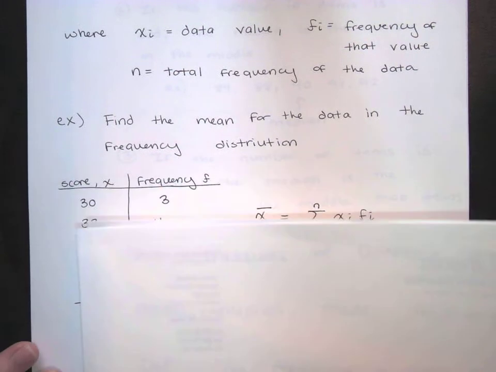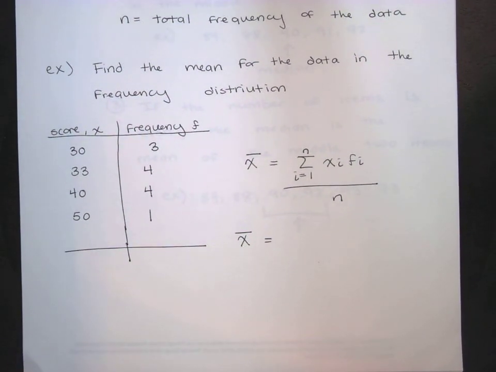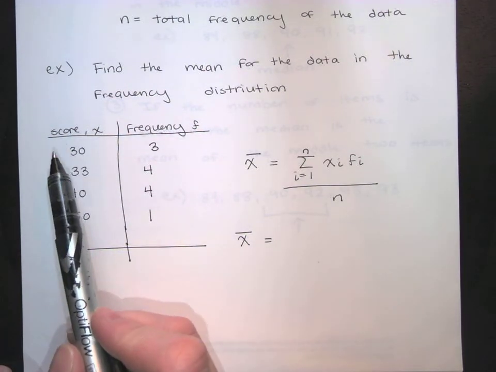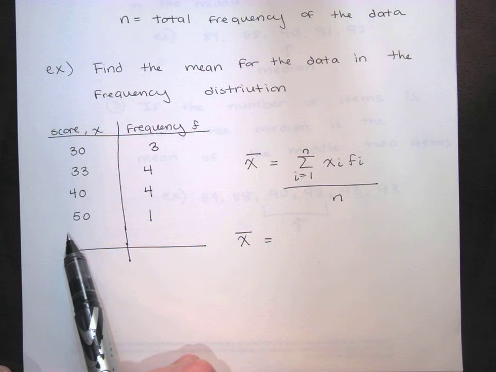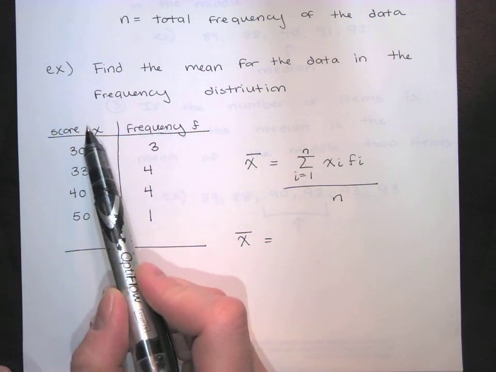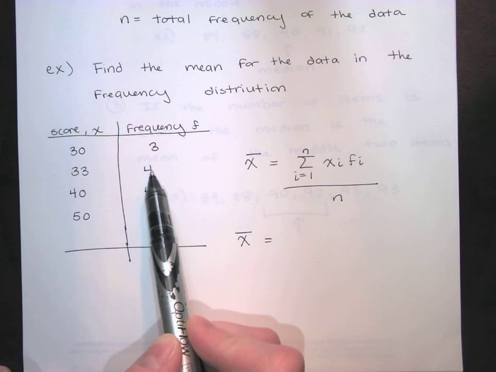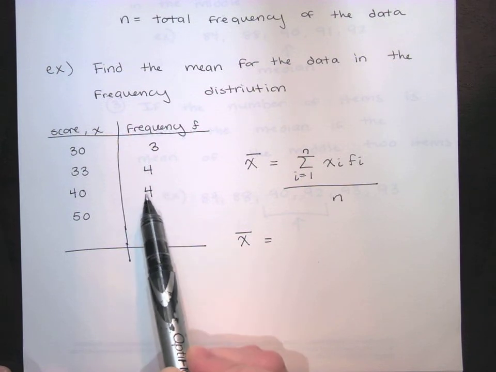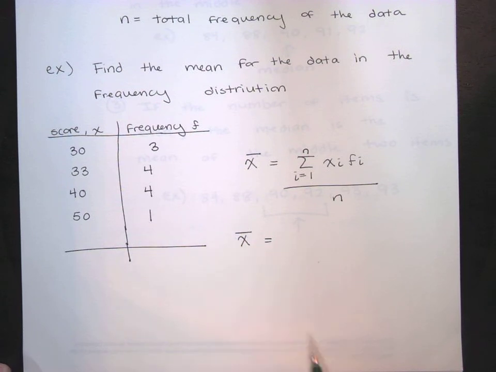So let's say we want to find the mean for the data in this given frequency distribution. Let's say these are my scores, and these are the frequency with which they occurred. So there are 1, 2, 3, plus 4 is 7, plus 4 is 11, plus 1 is 12.